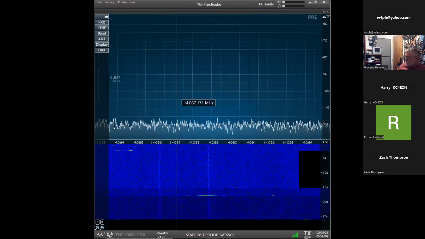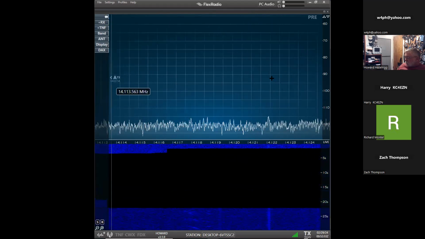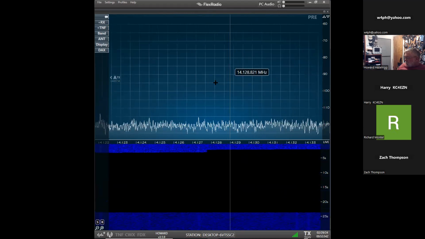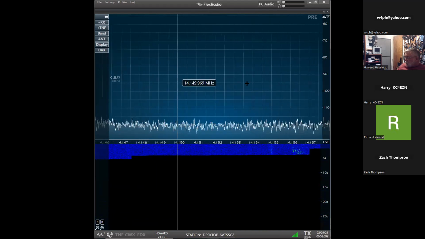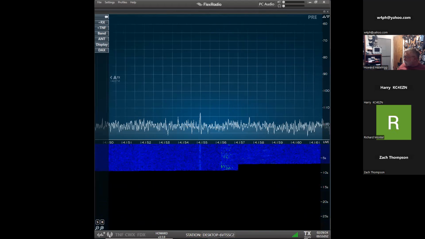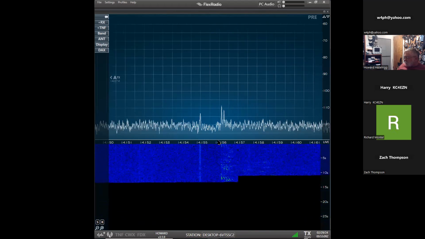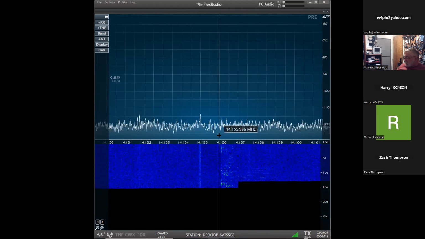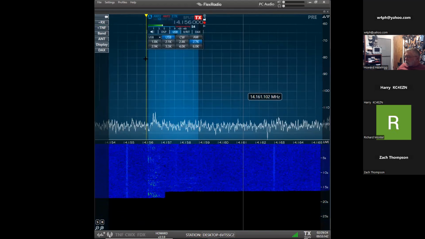Let me see if I can get up here into the upper sideband portion. Okay, these are upper sideband signals. I don't see anything really strong here right now.